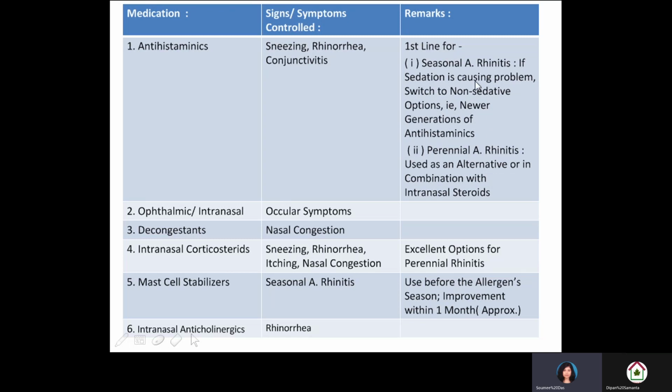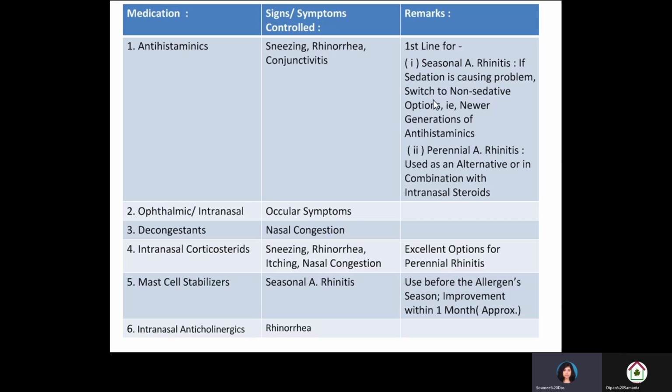So we know that the first generation antihistaminics are sedative in nature, but the newer or second generation antihistaminics are non-sedative in nature. So if the patient is facing problem due to the sedative effect of the first generation antihistaminics, then we have to switch to the newer antihistaminics.